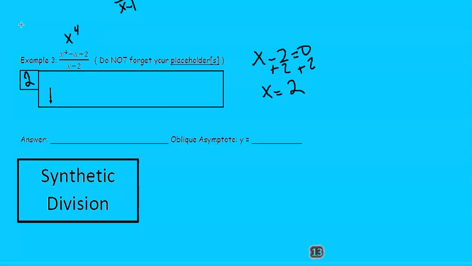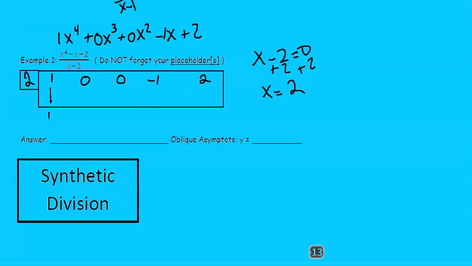We don't have a cube and we don't have a square, so we're going to have to put plus 0x cubed plus 0x squared in between. So let's write all 5 of those numbers. So we have 1x to the 4th, 0x cubed, 0x squared, negative 1 x, and 2 constants.